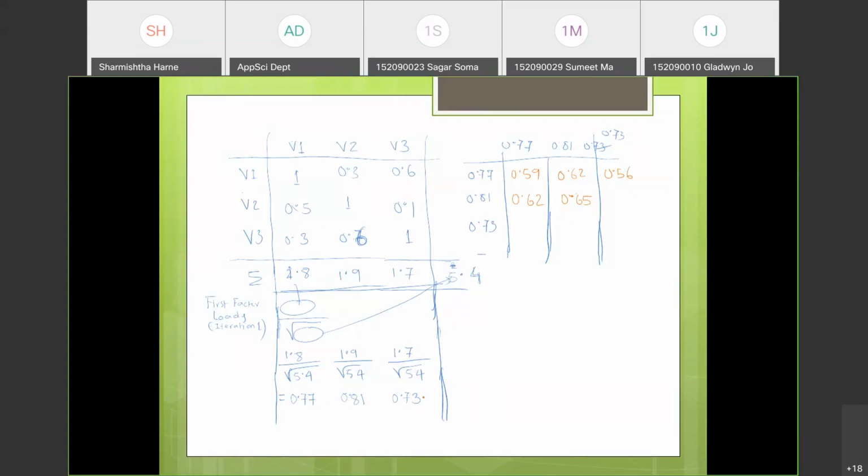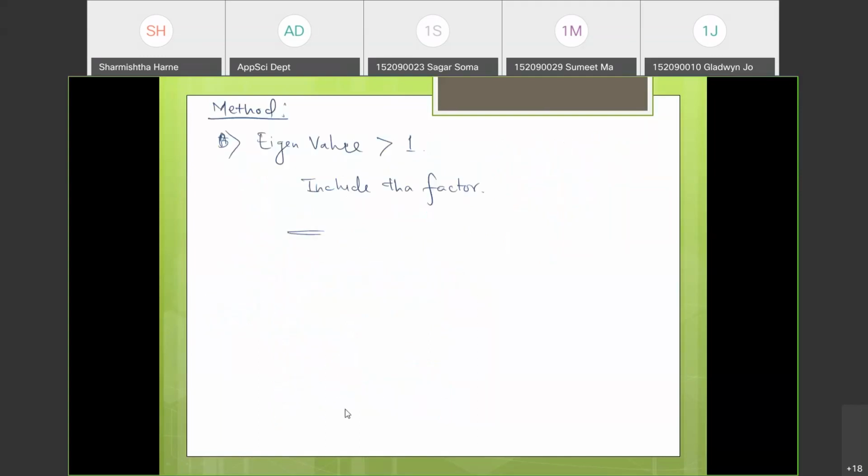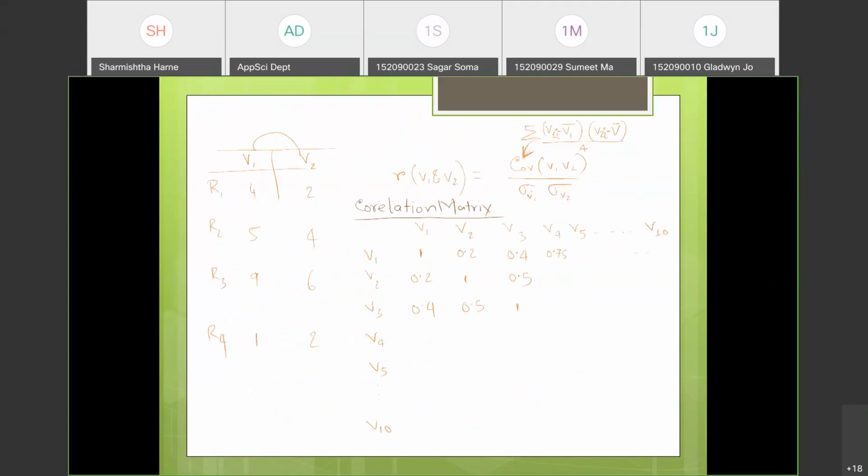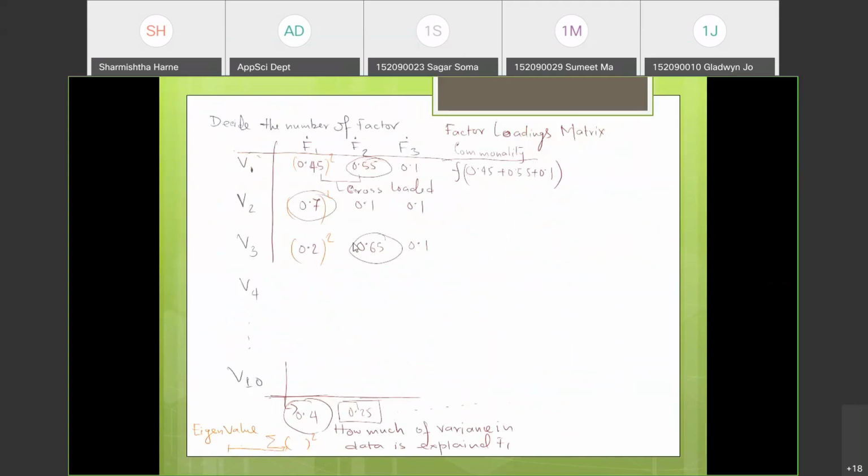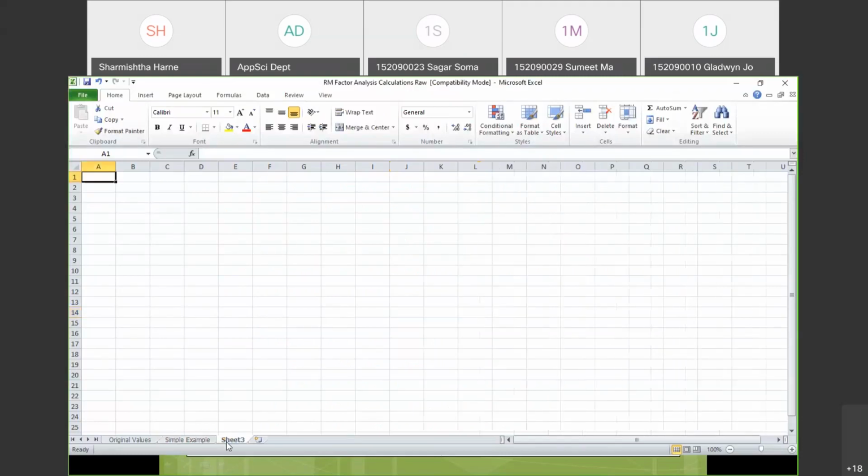The actual factor loading matrix is the one we did somewhere here, under factor analysis, correlation. ये जो factor 1 मिला, ये जो loading है ना, ये हमको अभी मिला है. So with this, we got these values. We can keep writing somewhere the factor loadings.